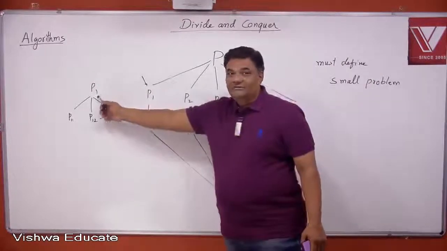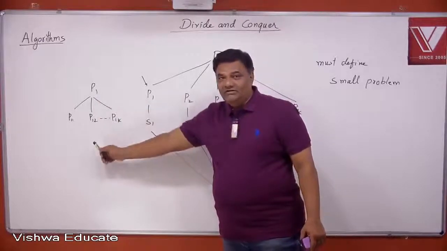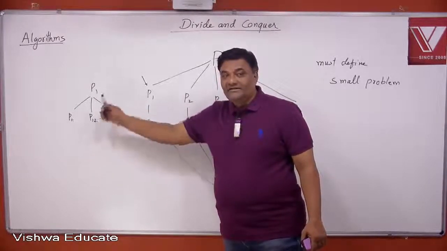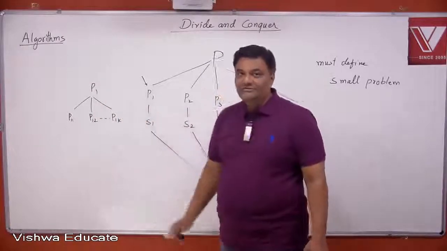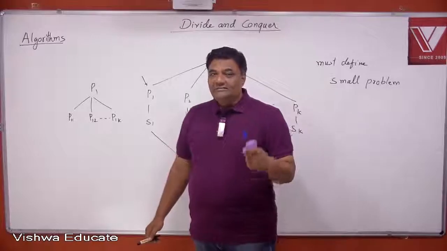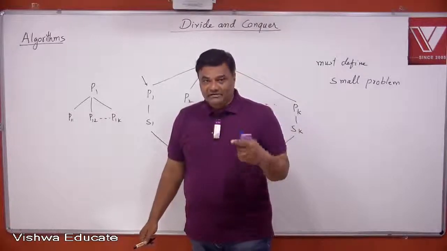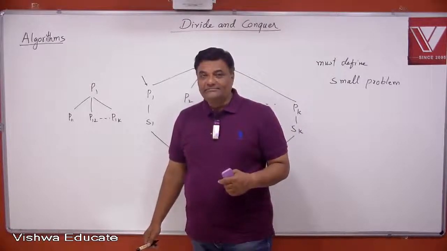Next, if a sub-problem is large, apply divide and conquer on that also. So divide and conquer is applied recursively. This is also a point you have to write down.